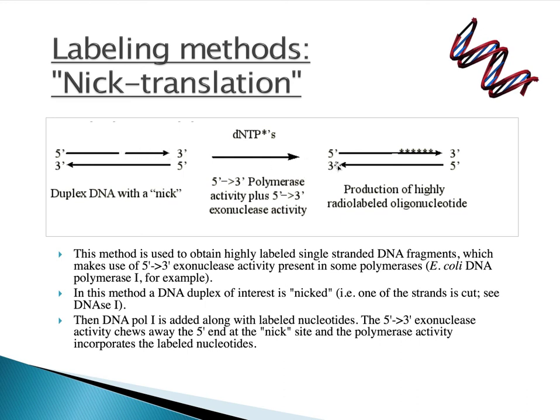Don't forget, polymerase 1 has the 5' to 3' exonuclease activity, so it's going to chop ahead and replace it with labeled nucleotides if your nucleotides are labeled, and that can produce a very highly labeled, either radiolabeled or biotin-labeled, oligonucleotide, which can be used for the next experiment.